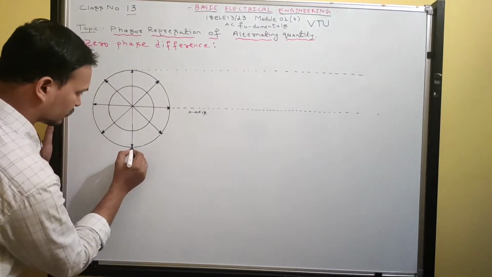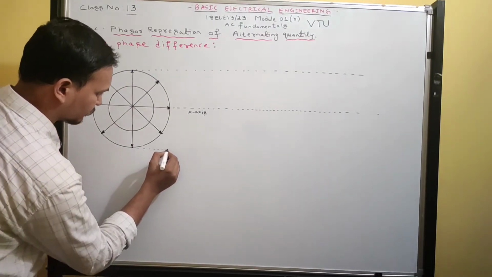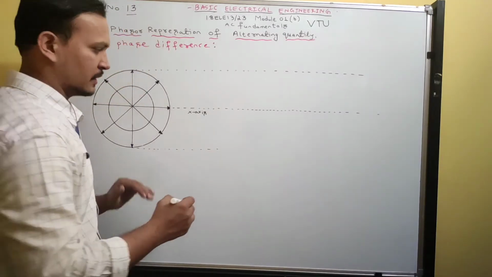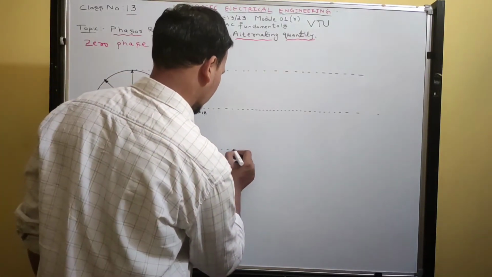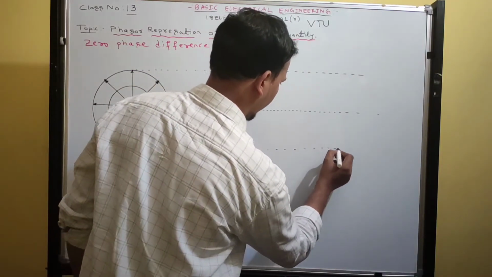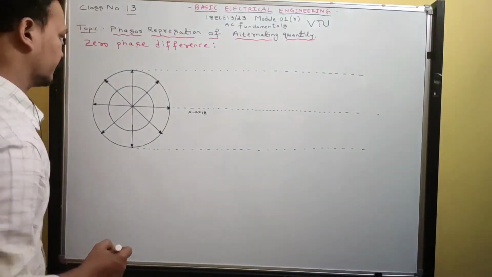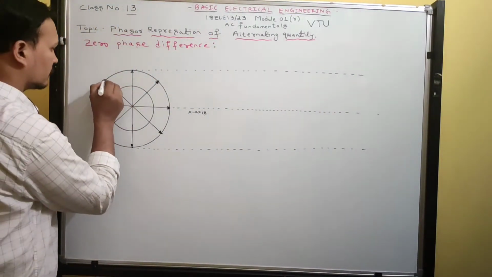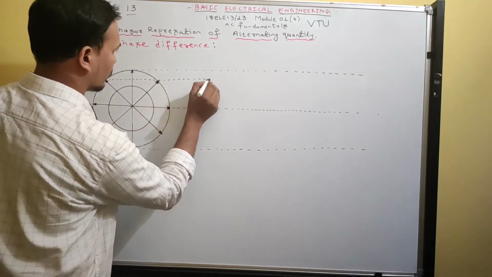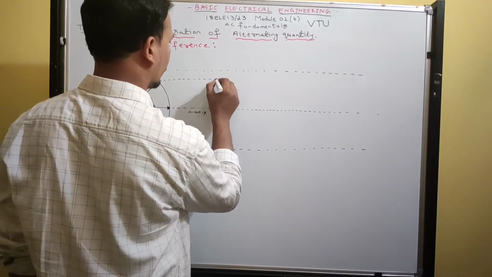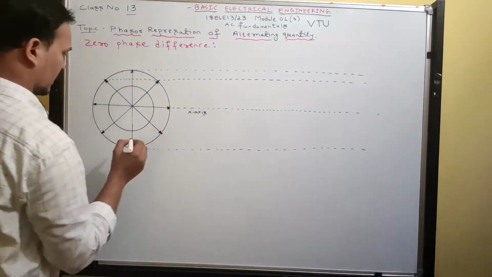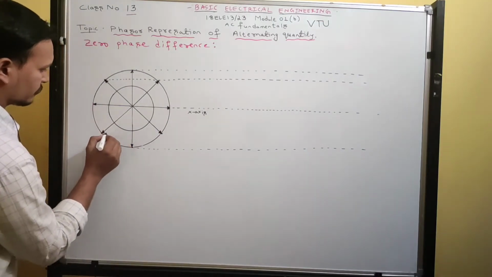Write straight lines approximately, then write these lines, and again write here.